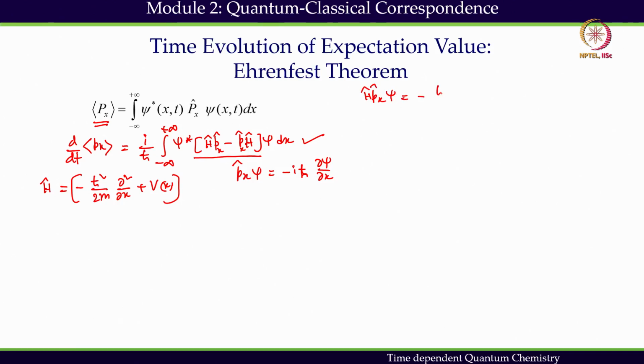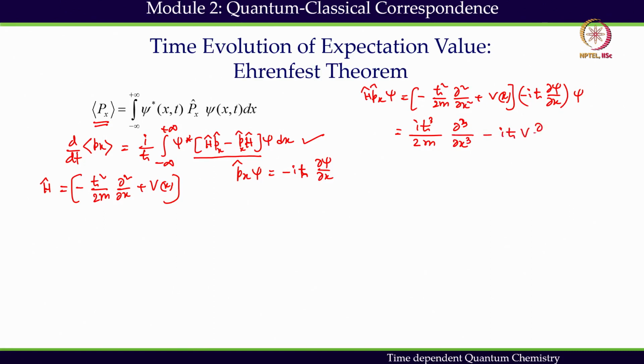So, the first part of the commutator, p h psi, is nothing but minus h cut square by 2m, minus h cut, psi, which is nothing but i h cut cube by 2m, the third derivative, minus i h cut v del x psi.